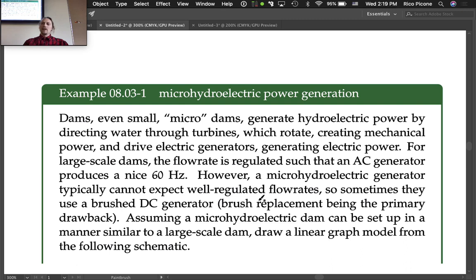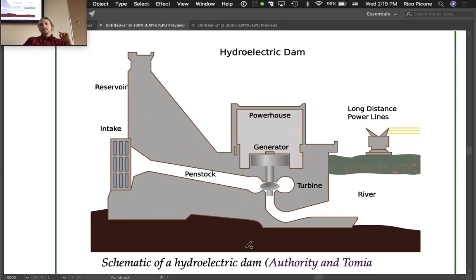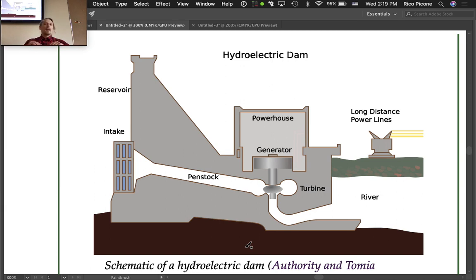So assuming a micro hydroelectric dam can be set up in a manner similar to a large-scale dam, draw a linear graph model from the following schematic. So, hydroelectric dam figure here: it's got a reservoir of water that creates a nice pressure head to the intake, where we've got this pressure head, and we'll call this the C1 head.